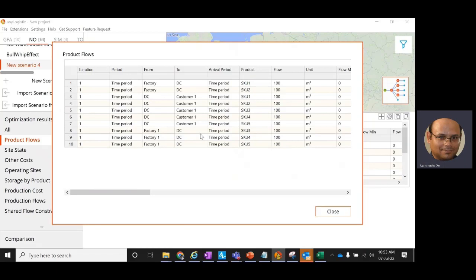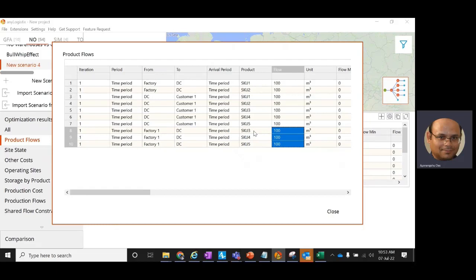So now what we see is, as we were expecting, it is suggesting to send 100 units of each of SKU 3, 4, and 5. Even if the demand of SKU 5 was 200, the max capacity is 300 for this factory, so it is suggesting to manufacture 300 units only.